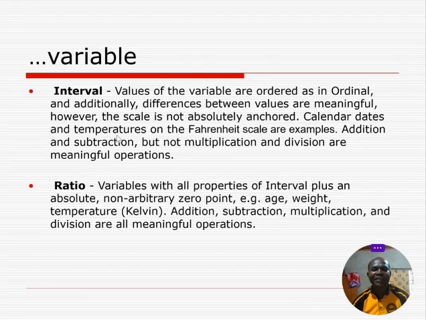For interval scale, addition and subtraction are meaningful, but multiplication and division are not meaningful. While for the ratio scale, all properties of the interval scale are present, but a non-arbitrary 0 point is a common property of the ratio scale of measurement, like age. You cannot have somebody having an age of -1 or a weight of -0. So we describe that as a ratio scale of measuring variables.